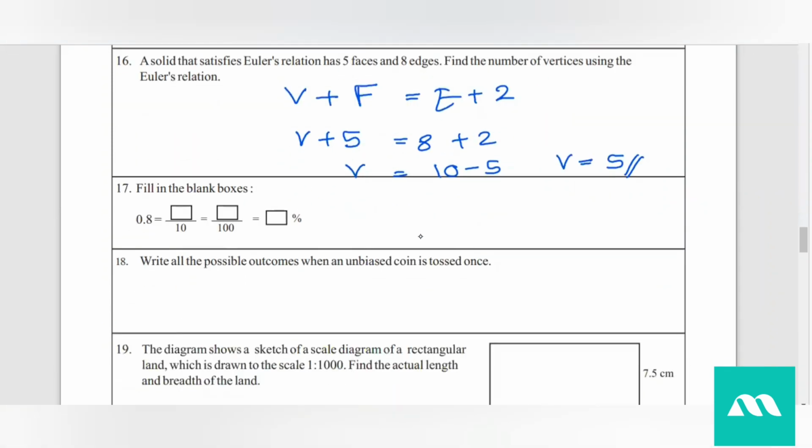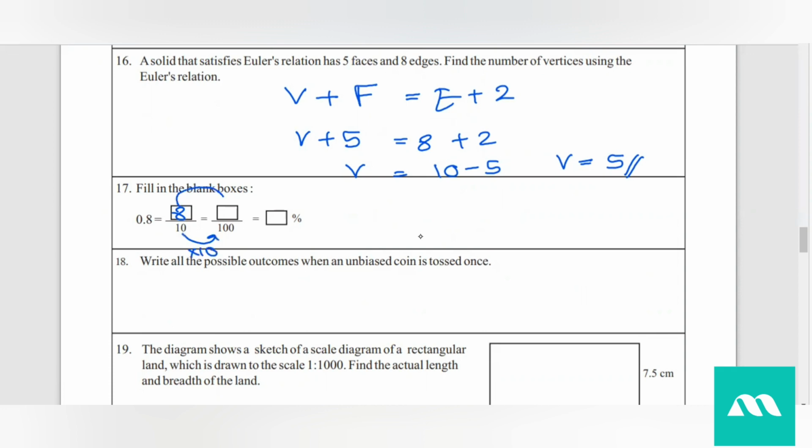Okay. 17th one. Fill in the blank. Now this is relevant to percentages. Now 0.8 can be obtained by 8 divided by 10. So to obtain 100, 10 should be multiplied by 10.